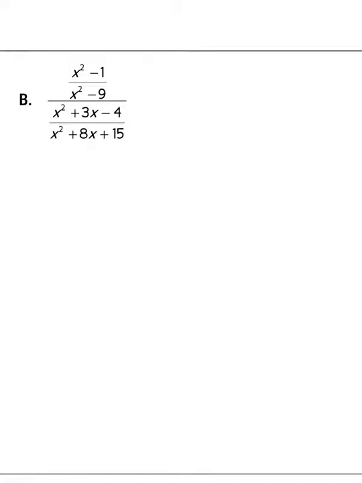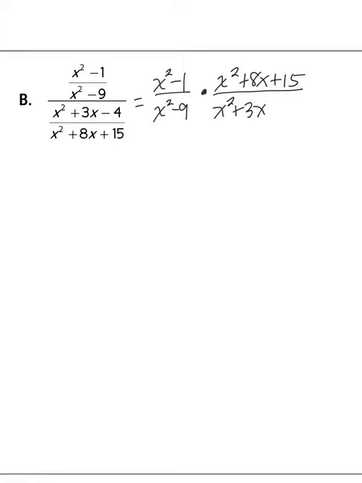So I am going to keep, change, and flip. So I'm going to keep x squared minus 1 over x squared minus 9. I'm going to change division to multiplication, and then I'm flipping this fraction here. So I get x squared plus 8x plus 15 up top, and x squared plus 3x minus 4 on the bottom.